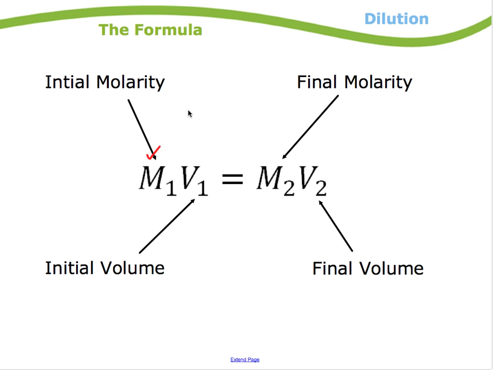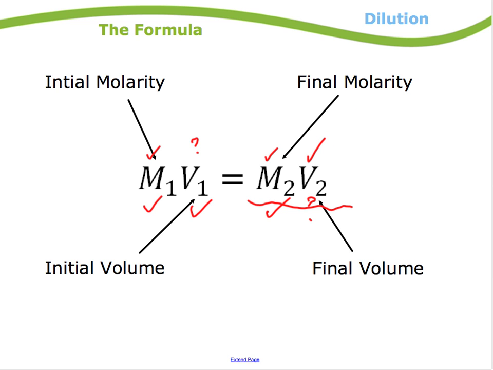So I might know the molarity of what I'm starting with, what molarity I want to end up with, and what volume I want to end up with, and maybe I'm looking for how much of that first solution I need in order to make this. Or maybe I know this, and I know this, and I want to know what the final volume is. But it's like any other formula, you need to know all but one of the variables.